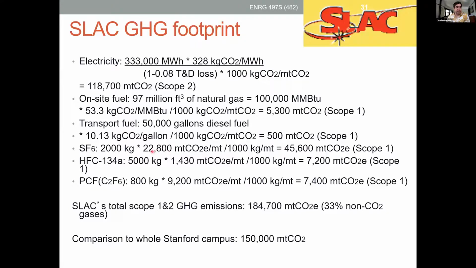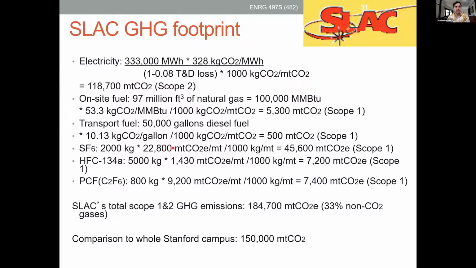You multiply that by its global warming potential value, 22,800, huge global warming potential value, metric tons of CO2 equivalent, and then a conversion factor from kilograms to metric tons. We can see that just those 2,000 kilograms of sulfur hexafluoride is responsible for 45,600 metric tons. So it grew by, again, a factor of 22,800.